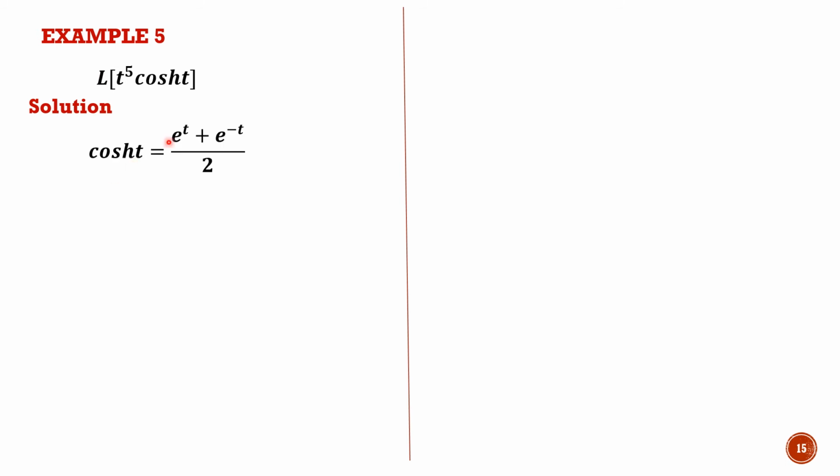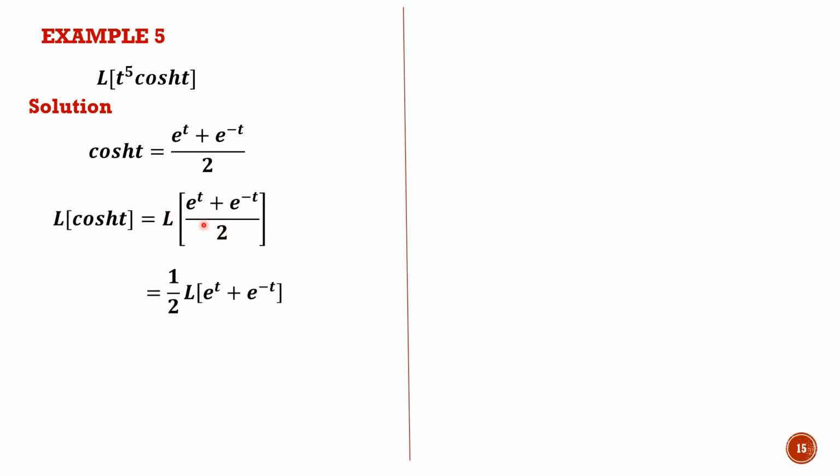So first calculating cos hyperbolic t, e raised to t plus e raised to minus t upon 2. Whatever answer we have got, take Laplace on both the sides. So L of this function, we can take 1 by 2 common. Now we have a plus sign, so we can take L to both the terms: L of e raised to t plus L of e raised to minus t.